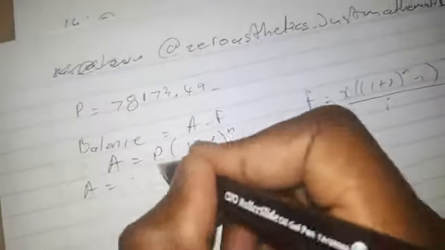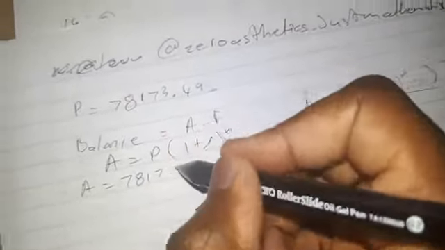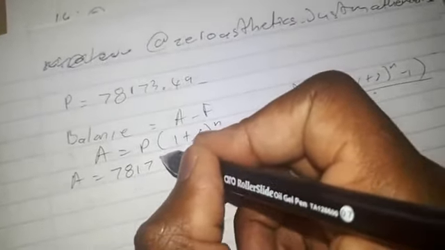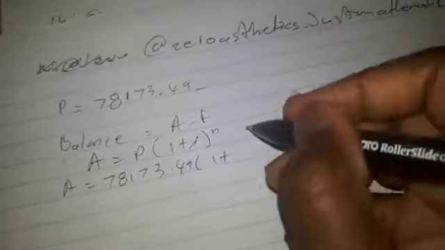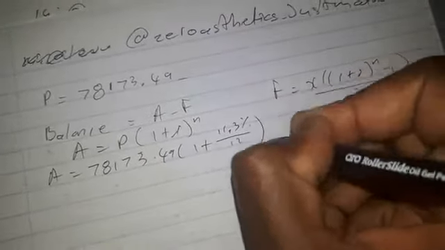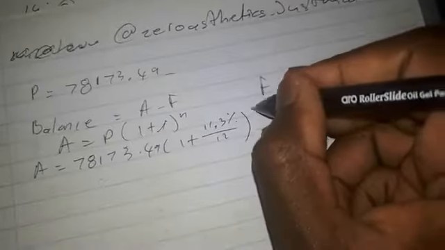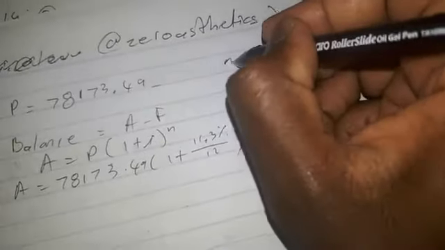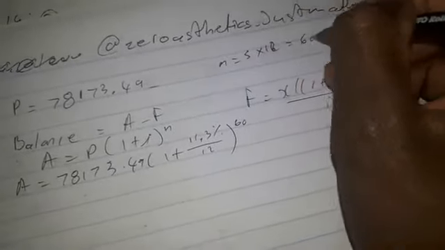For A, P here you will use your normal number, 78,173.49. 1 plus interest is, remember, 11.3% compounded monthly, and then this is for 60 payments because it's 5 years, right? Remember, 5 times 12, which is 60.